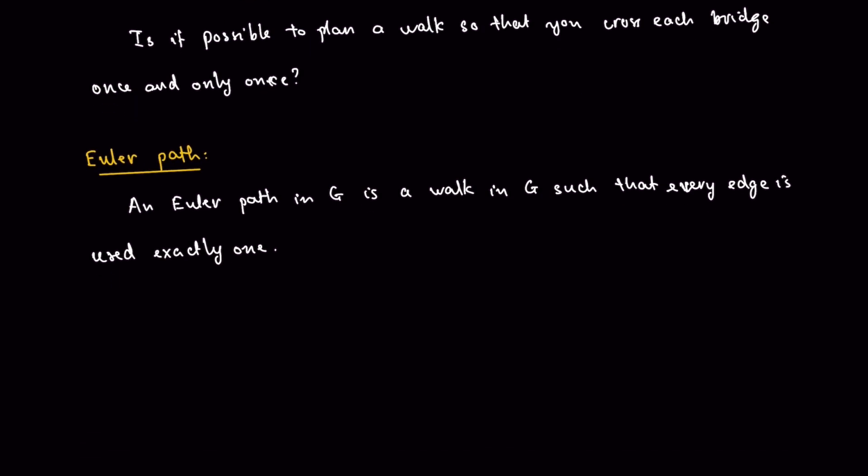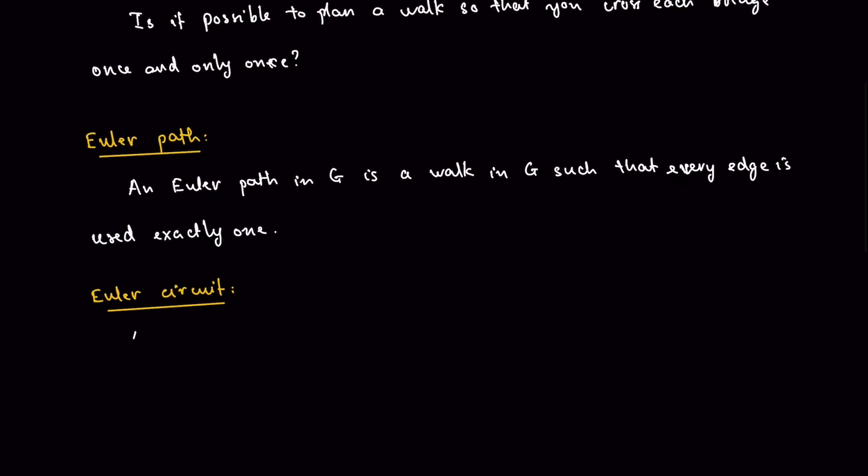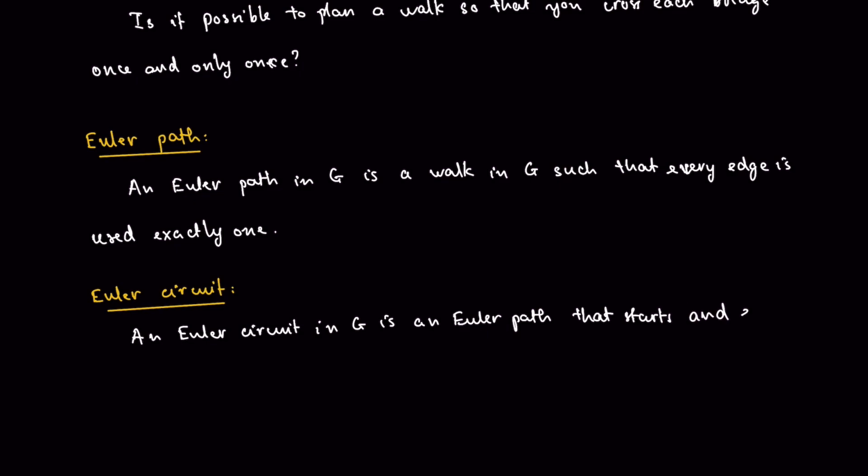Now for the Euler circuit definition. An Euler circuit in G is an Euler path that starts and ends at the same vertex.